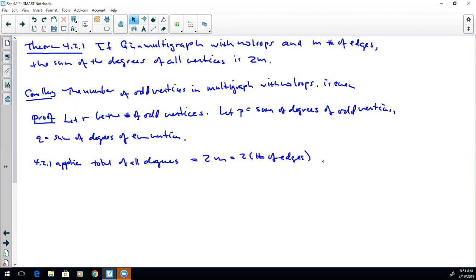That's 2 times the number of edges, and that's going to be P plus Q. Okay, well, I don't really care what M is. I'm not trying to count up how many edges we have. I just know that P plus Q is even.